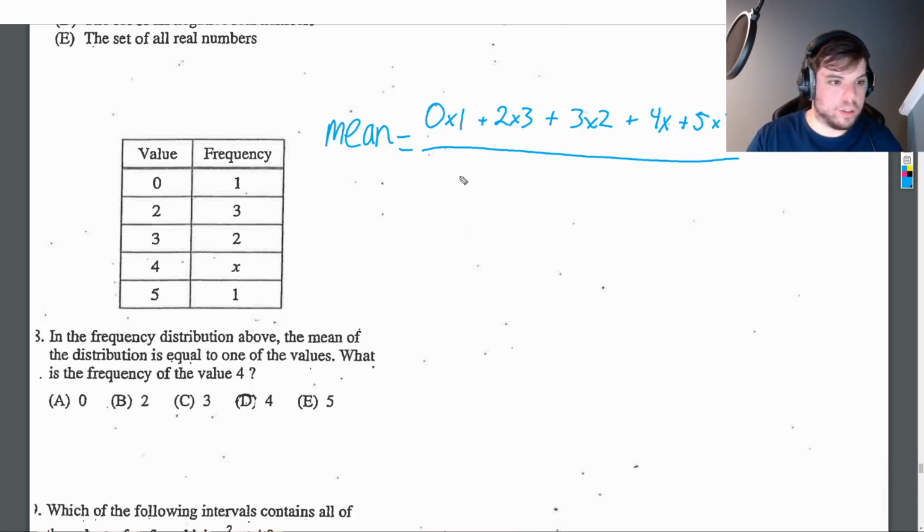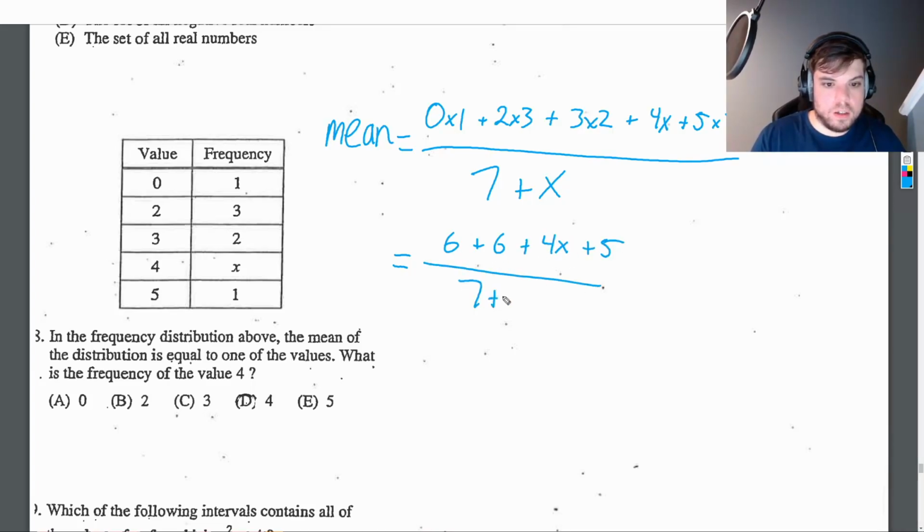Yeah, over the sum of all the different things. So we have 7 plus x in the denominator. So this is essentially 6 plus 6 plus 4x plus 5 over 7 plus x, which is 17 plus 4x over 7 plus x.